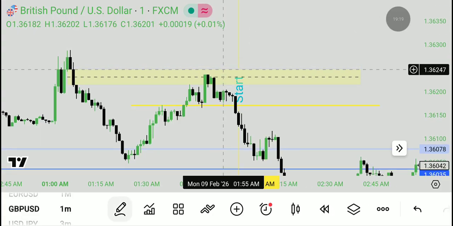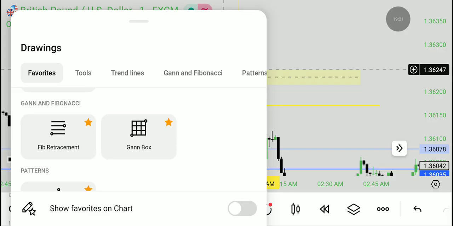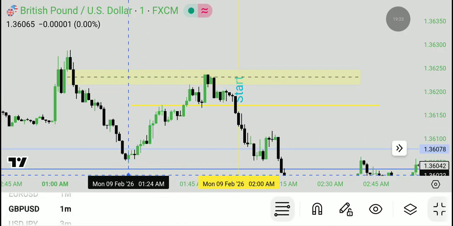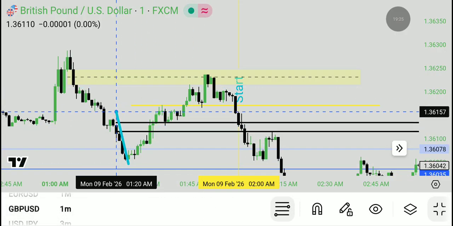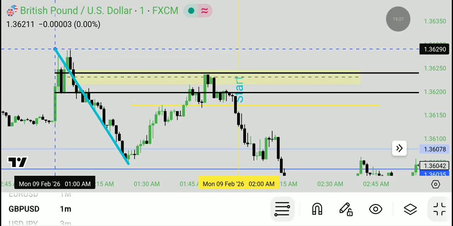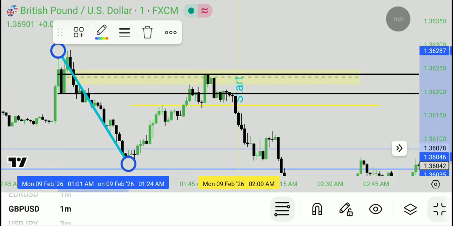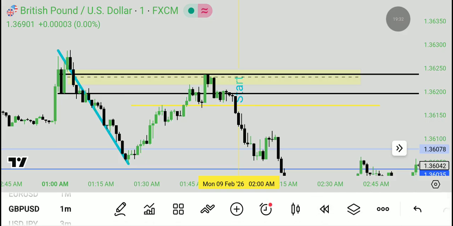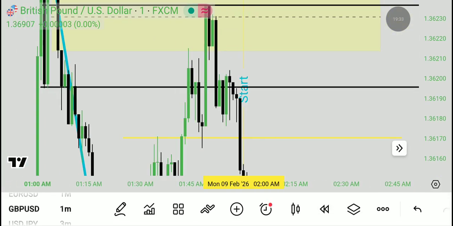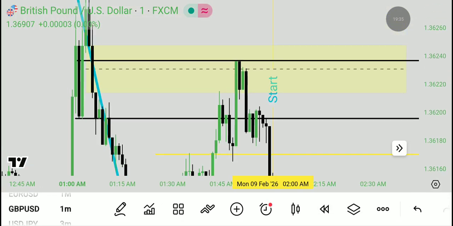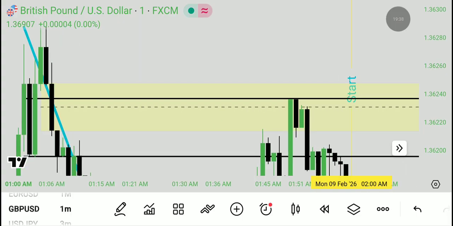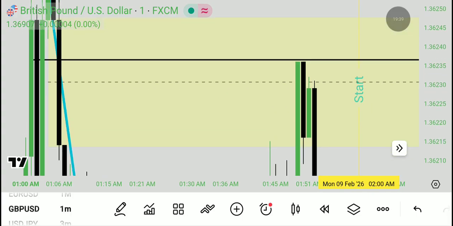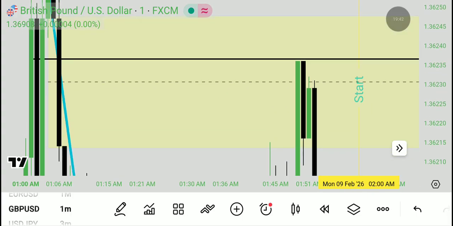If you want to make use of your FIB retracement, you can see still we are there perfectly. Do you see how the market respects it perfectly?